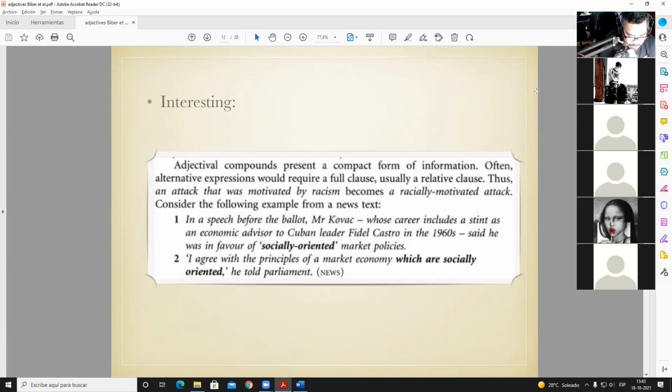I don't know, but we can reduce units and change them into adjectives, and that's interesting. The best example, I think, is the first one, the one in the paragraph: an attack that was motivated by racism is a racially motivated attack, right? So we change from seven words to three. And that's interesting. Let's remember that: the economy of language.